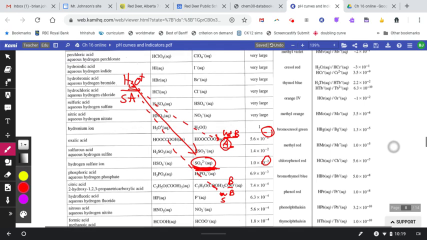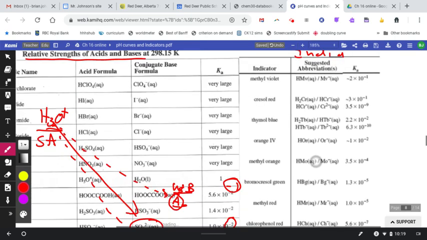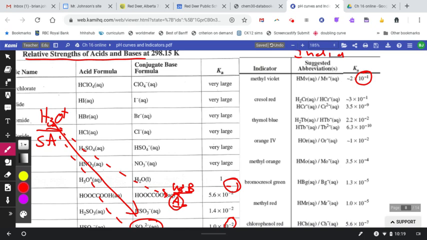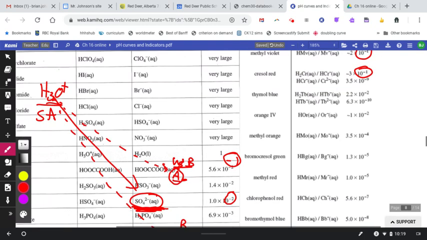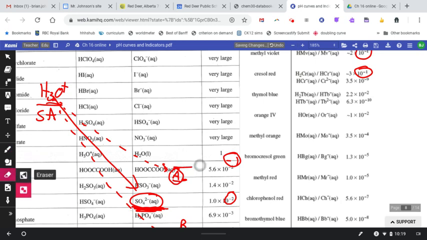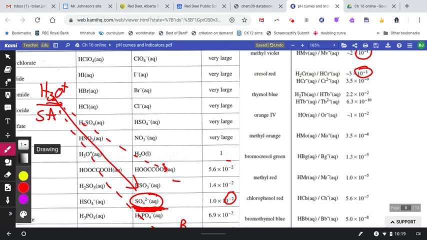So we go look on our table and there are two indicators that have a Ka to the -1: 2 times 10 to the -1 and 3 times 10 to the -1. So if I wrote those right in this table, they would sit right here. Cresol red, and methyl violet.